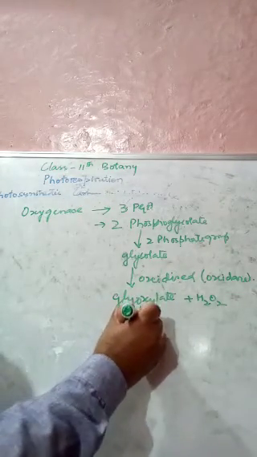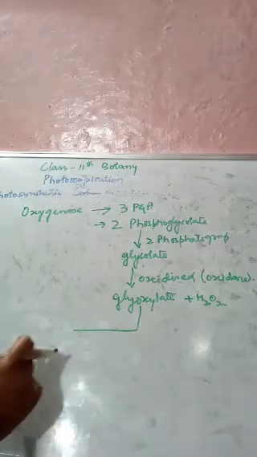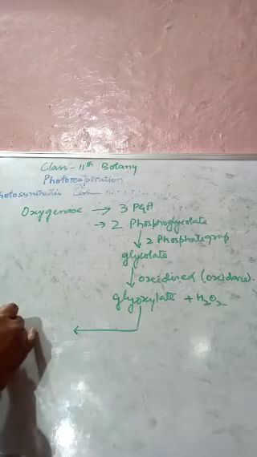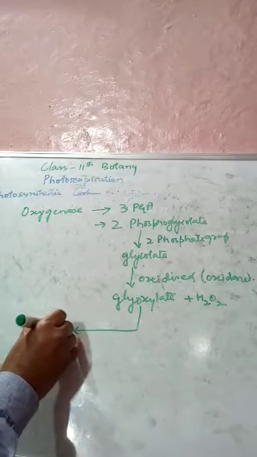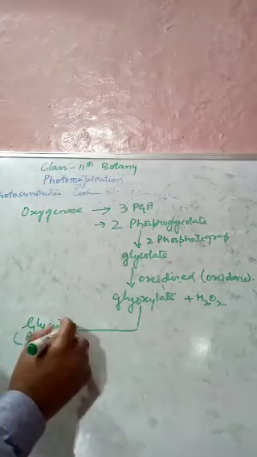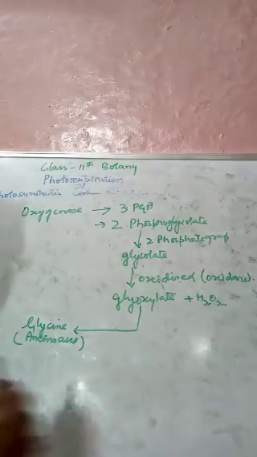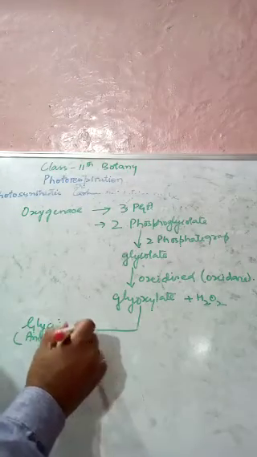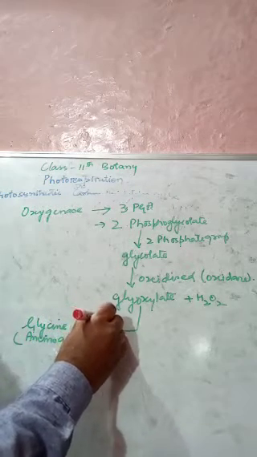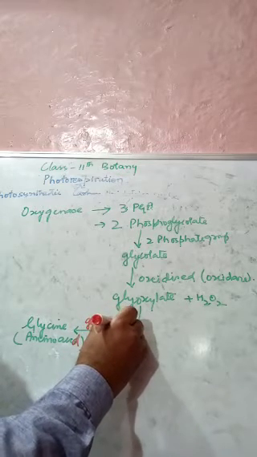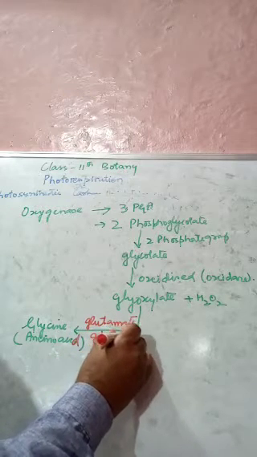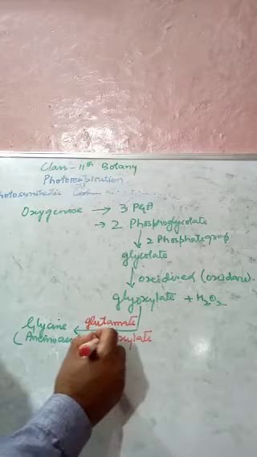Glyoxylate is then converted into an amino acid called glycine, with the help of the enzyme glutamate glyoxylate transaminase.